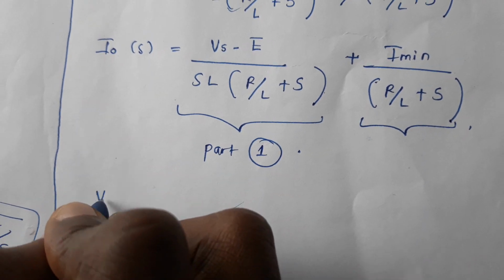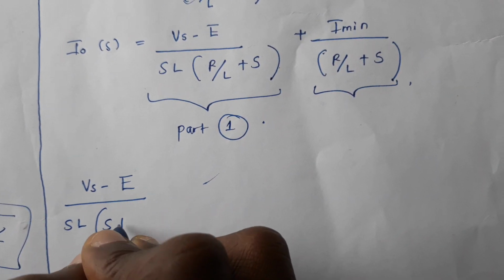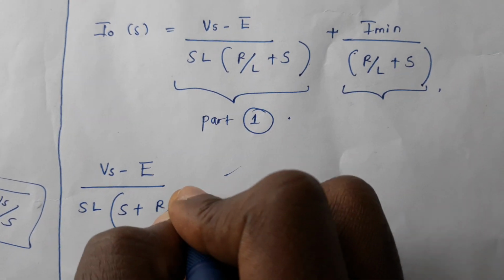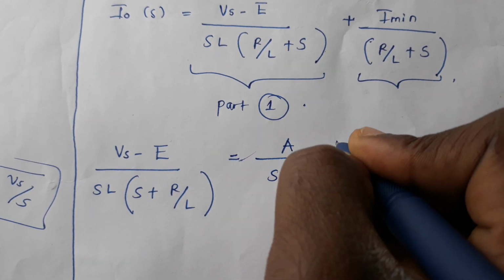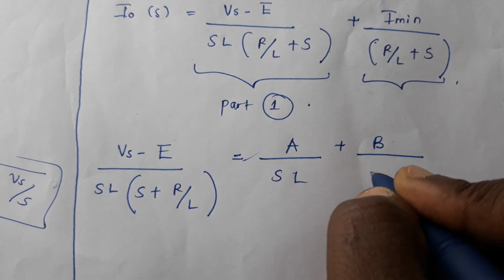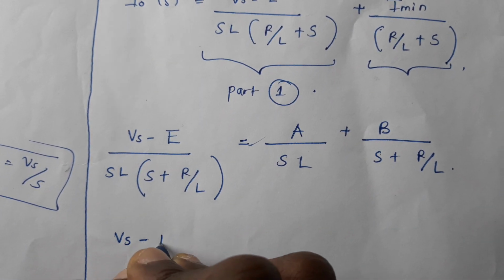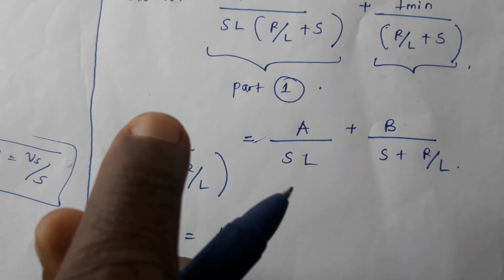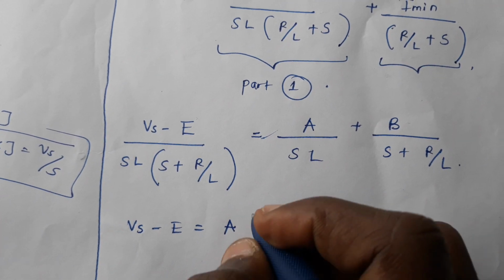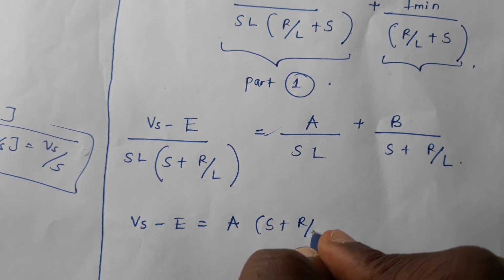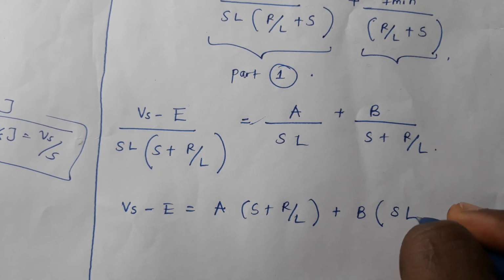We just say it's Vs minus E over SL into S plus R over L. This is the same as A over SL plus B over S plus R over L. This is the same as Vs minus E equals A into S plus R over L plus B into SL.